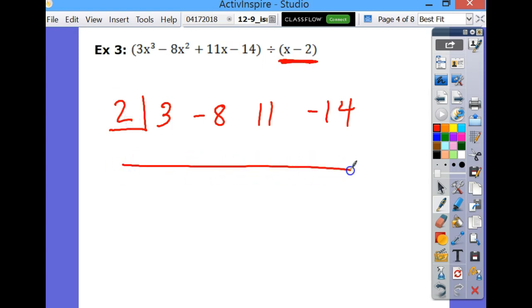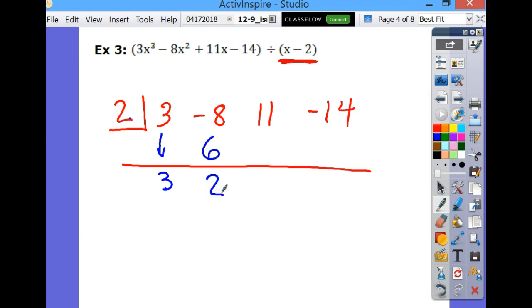You skip a line, you make a line. You bring down your first number. -2 times 3 is +6. You add up the column. Be careful with the signs. If you add that up, you're going to get a 2.